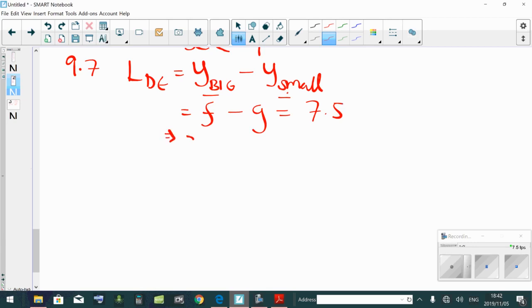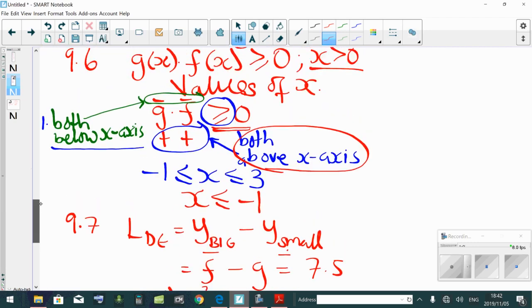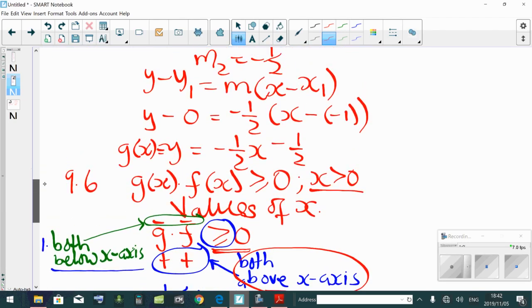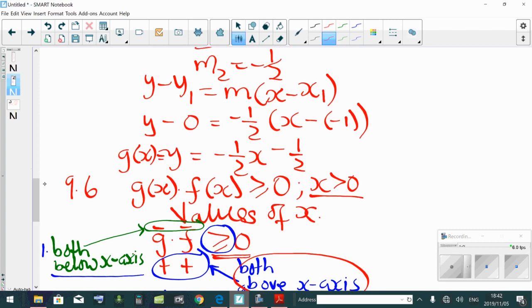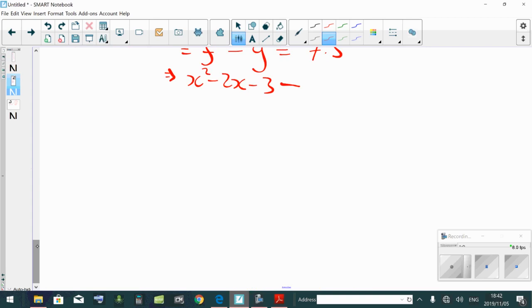So in other words, we are saying f minus g is equal to 7.5. Now, f is x squared minus 2x minus 3 minus. Now we want g. What was g? g is negative half x minus half.